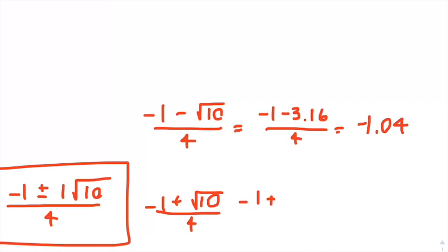Anyways, this next one here, so -1 plus 3.16. Basically, it's kind of like subtracting 1 from that, so that would be 2.16. Once we simplify, I need to write it out first. So that'd be 2.16 divided by 4. That'd be positive there, right?